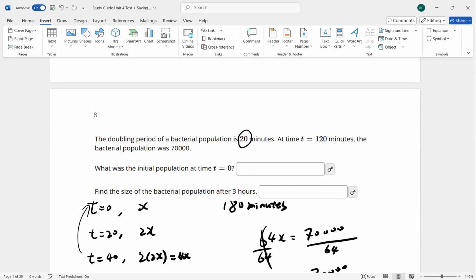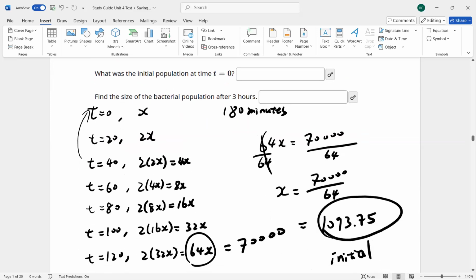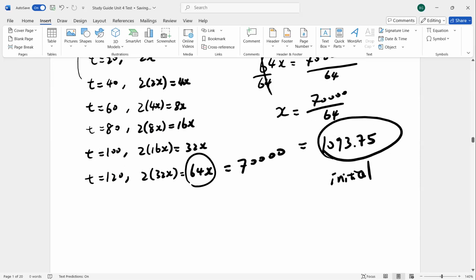We can keep going. For another 20 minutes, or 140 minutes, the population doubled. So twice of 64x, which is 128x. After another 20 minutes, which is 160 minutes from the beginning, we doubled 128x, that is 256x.